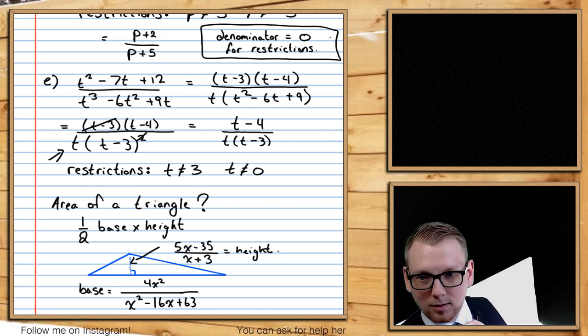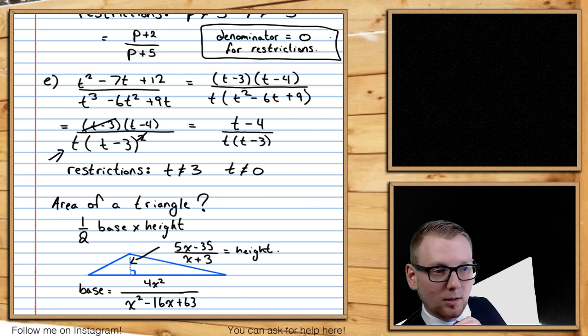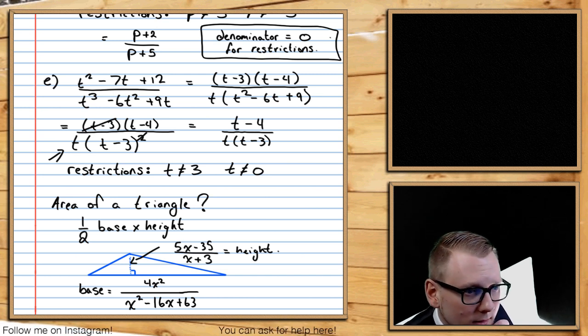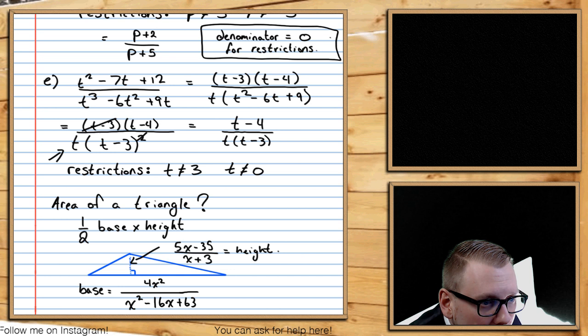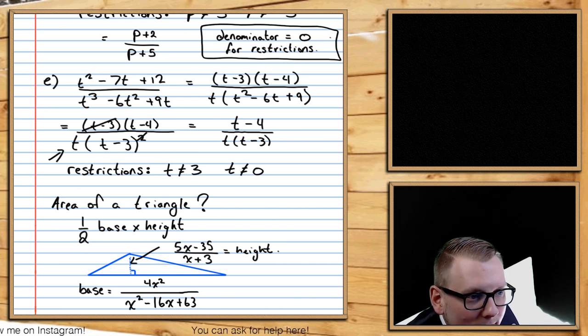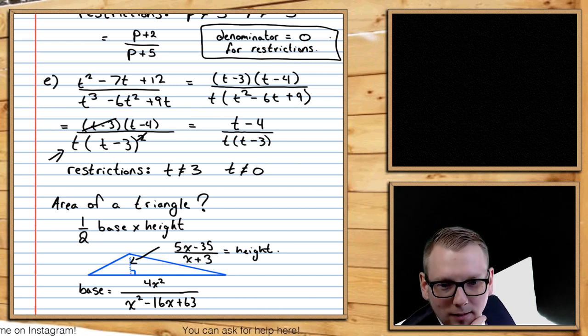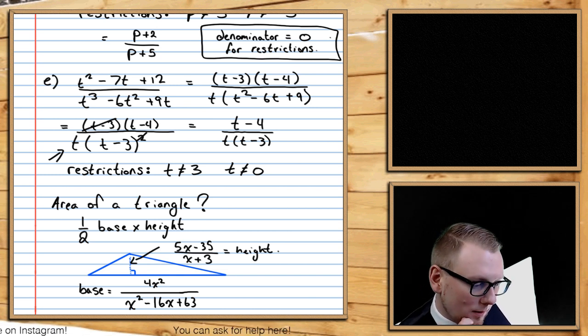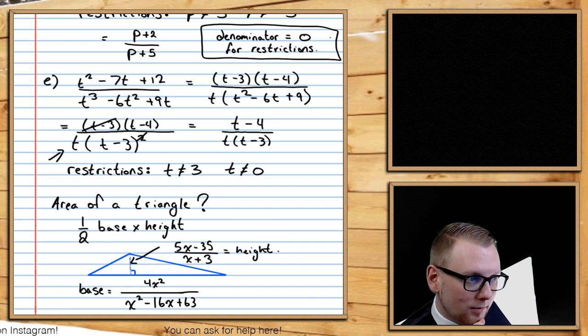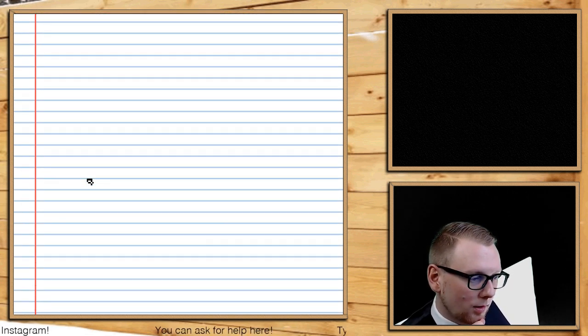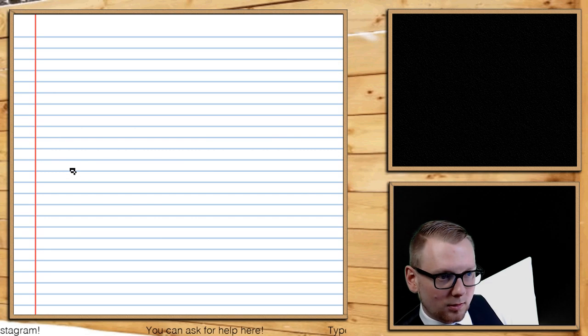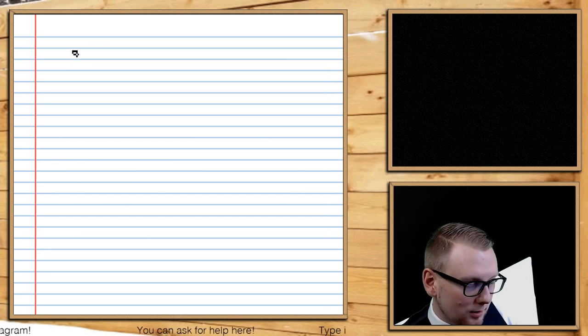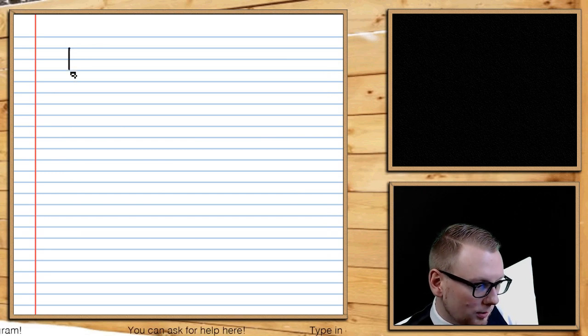Okay, let's see. What's the other one? Ooh, such tiny text. Okay, again, this is another one where you just have to kind of make the formula from the information that's given to you. So first off, it says a rectangle. Well, let's draw a rectangle.